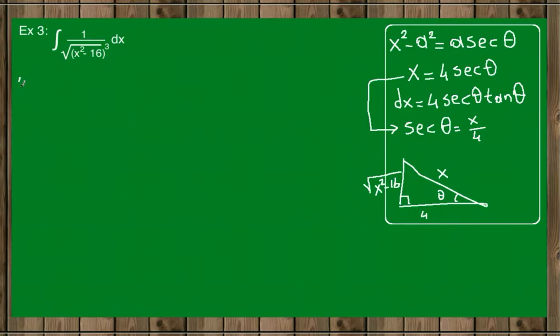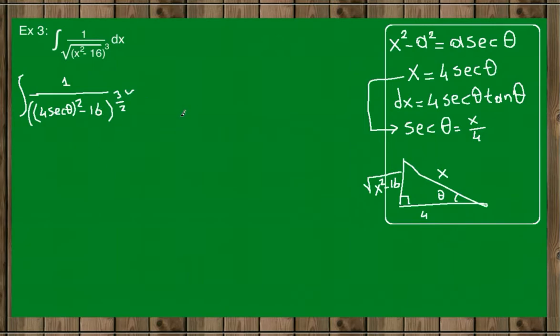Let's begin. Integral of 1 over, we can rewrite this in exponential form with 3 over 2 and get rid of the radical sign. So instead of x squared, we're going to write (4 secant theta) squared, and we have negative 16 here.